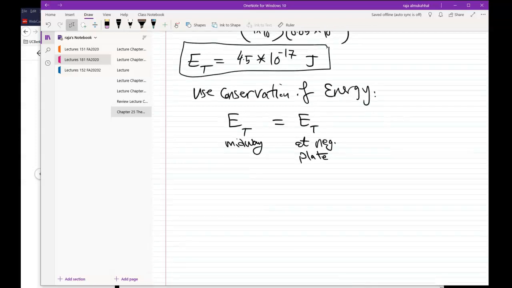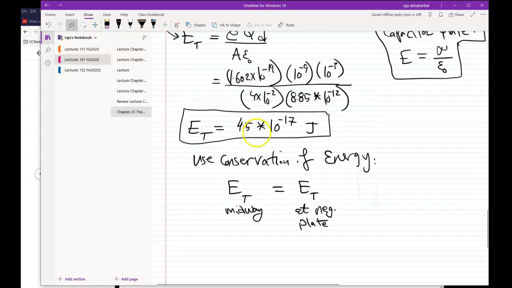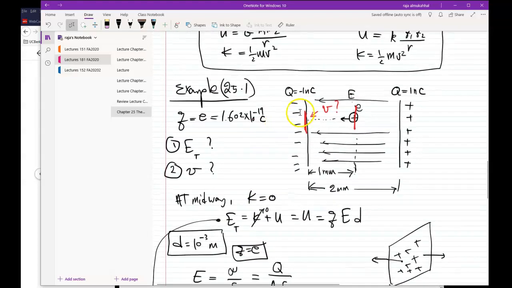Well, all that potential has been gone because the distance is what? Here, let me show you the diagram again. When the proton is right here, what's the distance between the plate and the proton just before it hit the plate? Practically zero, an infinitesimal distance. So for all practical purposes, it's zero.